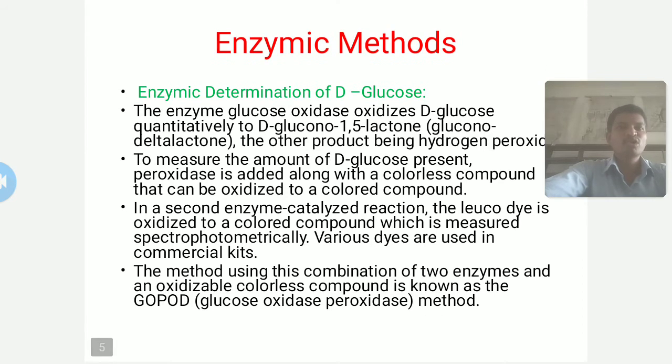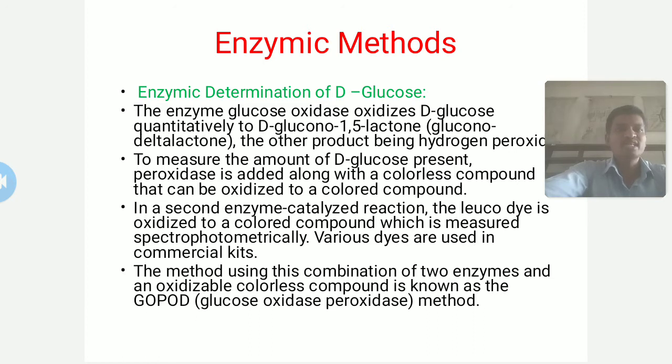Then to measure the amount of D-glucose present, peroxidase is added along with a colorless compound that can be oxidized to a colored compound. Then in a second enzyme catalyzed reaction, the leucodye is oxidized to a colored compound which is measured spectrophotometrically or colorimetrically. Various dyes are used in commercial kits.